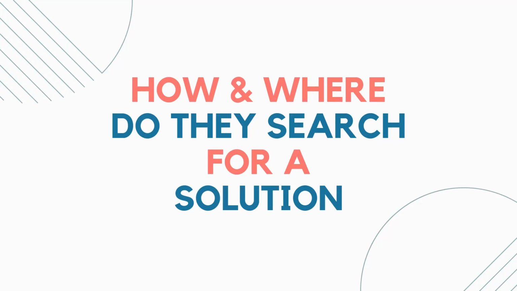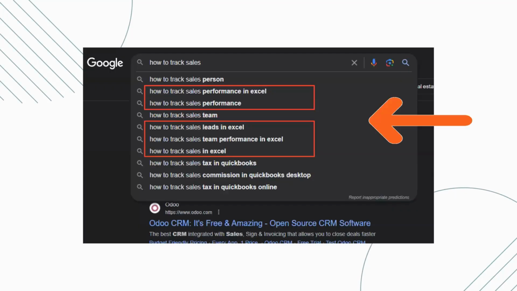And then I had to figure out how and where do they search for a solution. So here again is an example for my business. So if I go on YouTube, Google, I could see what it is that people are searching. So here is a screenshot of a Google search snippet, the kind of queries that people have regarding a sales CRM. So you could see a few questions there.